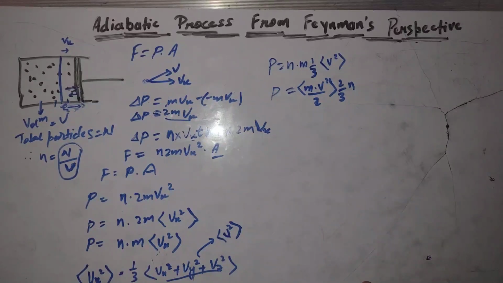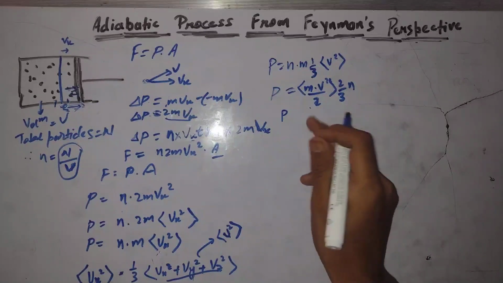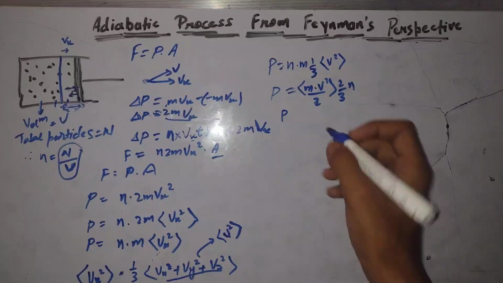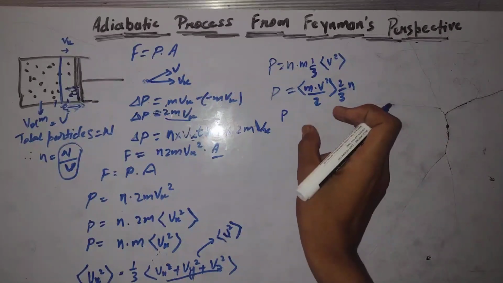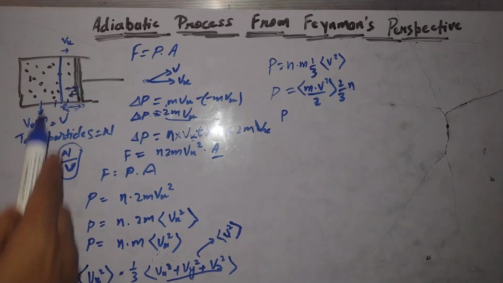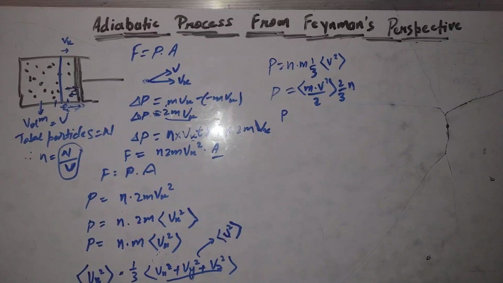Now we can see that this term is actually the kinetic energy, mv square by 2, half mv square. This is the kinetic energy of the center of mass of molecules. If the gaseous molecules in this container are monoatomic, then all they will have is kinetic energy, all their energy is in the motion of their center of mass.